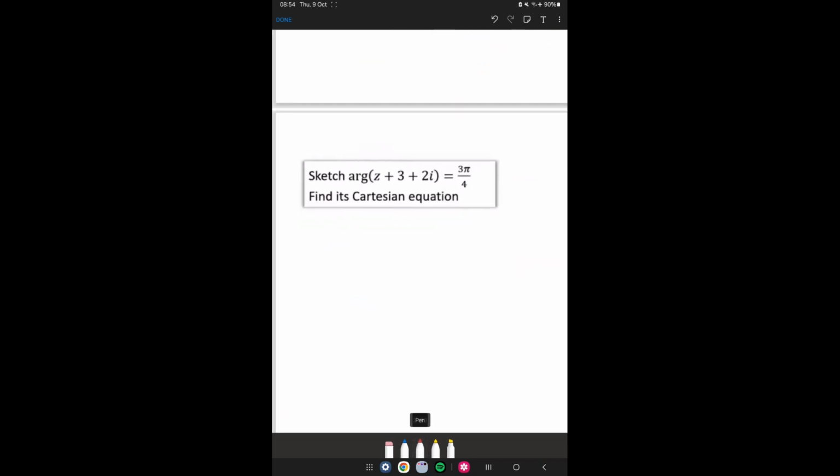So I'm going to rewrite that in that format. So the argument of z minus 3 minus 2i is equal to 3 pi over 4.